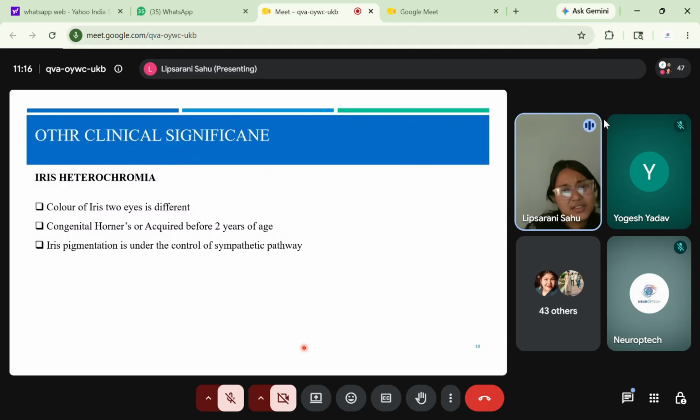So, what are the other ocular signs that can be found in Horner syndrome? That is iris heterochromia. Iris heterochromia is nothing but the two eyes' irises being different in color. It is mainly found in congenital Horner's or acquired Horner's before the age of 2 years, and iris pigmentation is also under the control of the sympathetic pathway.